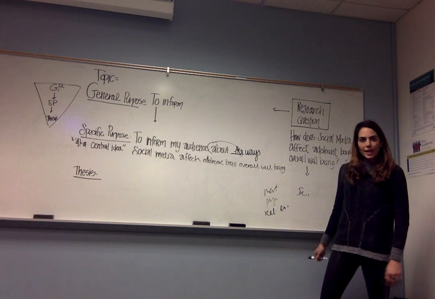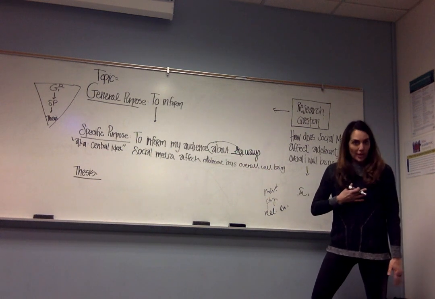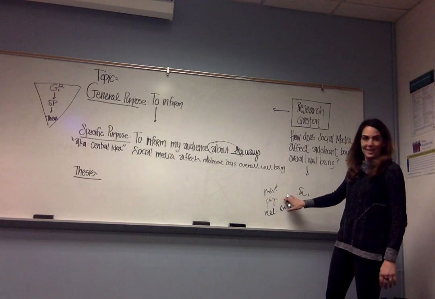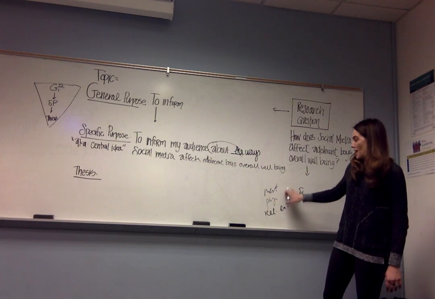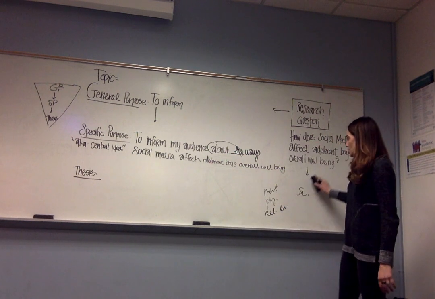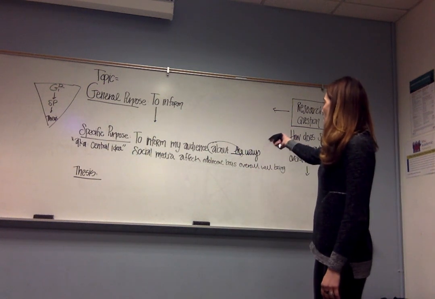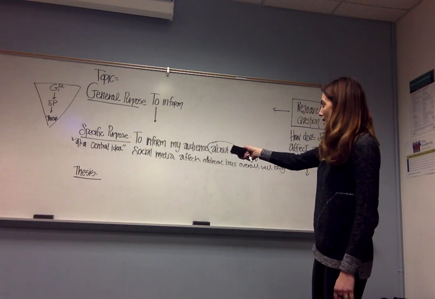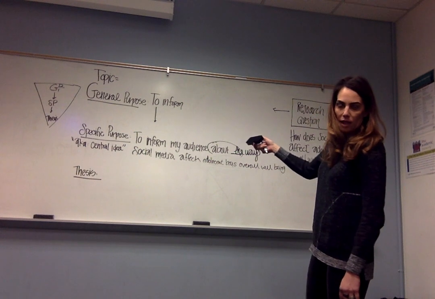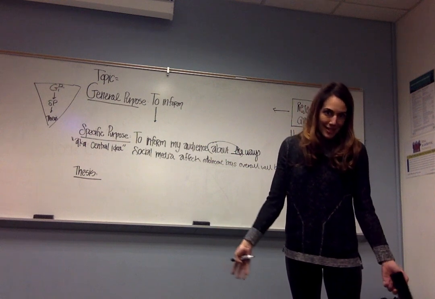But if you start to realize, oh my gosh, one of these I'm way more interested in, I'm getting a lot more evidence from one of these research questions, then maybe you already know that you want to narrow your focus to simply just that. And so, for example, if you took the mental health, we could do something like, to inform my audience about how social media affects the mental health of adolescent boys. And then we'll talk about the different ways that it does.